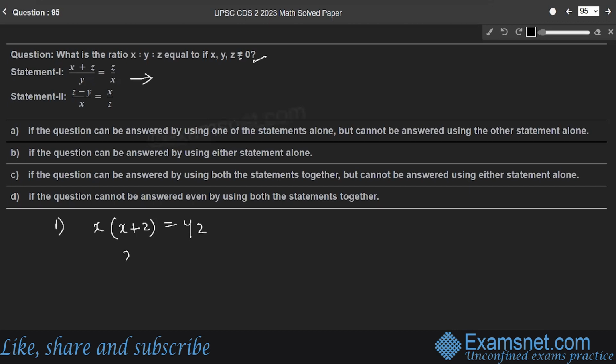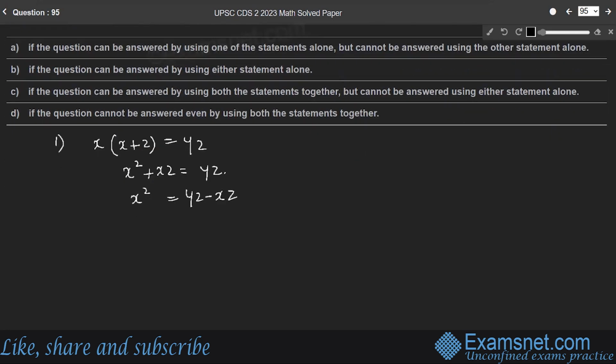That means x square plus xz is equal to yz. So x square is yz minus xz. Taking the common term, x square is z into y minus x. So this doesn't give the ratio between x, y and z.